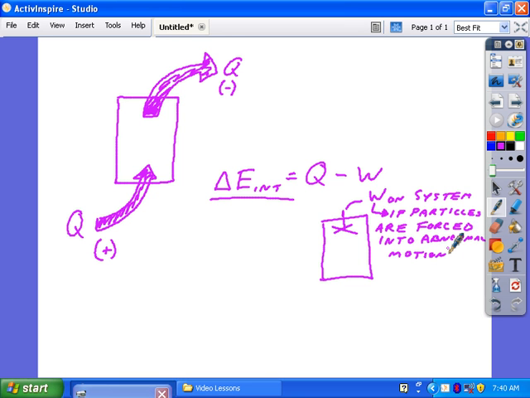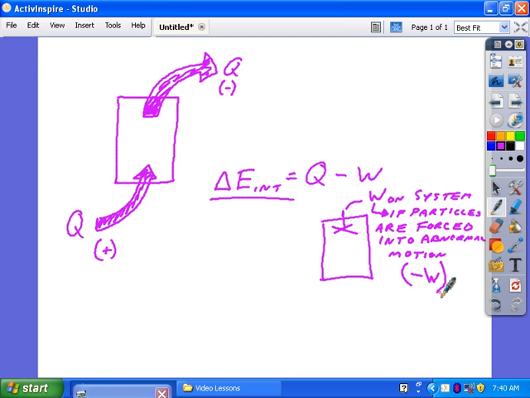If work is being done on the system, think about what that's going to do. Work is applying a force that is going to cause some type of displacement. That means the particles inside of this room are going to have more kinetic energy than they originally would have. So if work is being done on the system, the work value we are dealing with is going to be a negative.